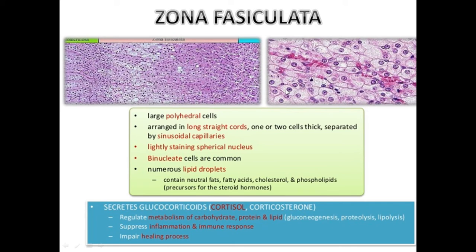They contain lightly stained nuclei, and the cell may be uninucleated or sometimes binucleated. So the differentiation between the glomerulosa and fasciculata: the cells are larger in size, and the cytoplasm contains a large number of fat droplets. Besides the fat droplets, it also contains a large population of smooth endoplasmic reticulum and Golgi complexes.